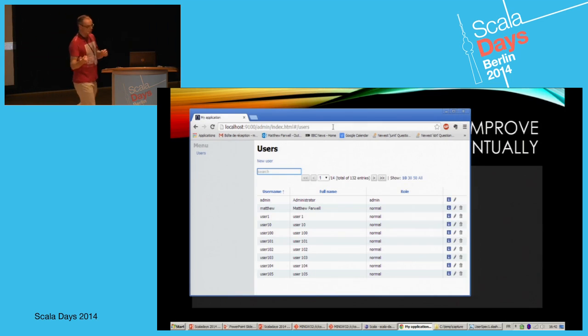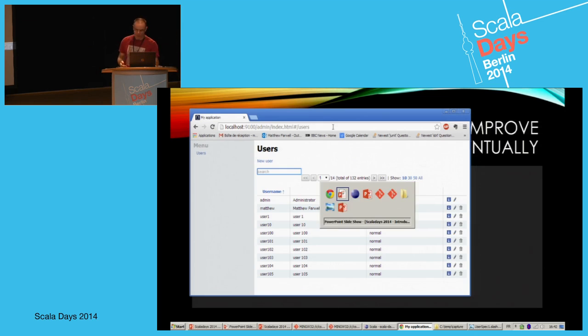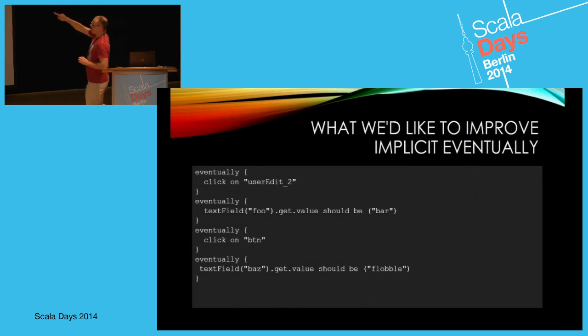So actually what I want is for both to be part of the same block. I want the test to be part of the same block as well. If I were to implicitly wait on text field, it would get to here and succeed, but it wouldn't retry the whole block. It would then fail the test because the value wasn't bar.